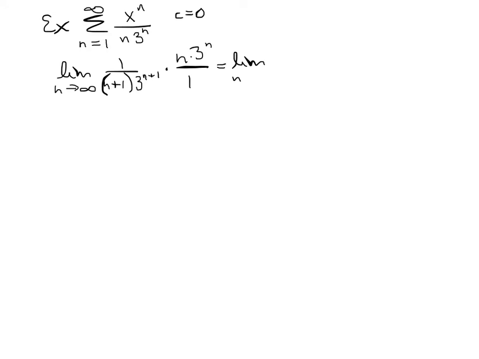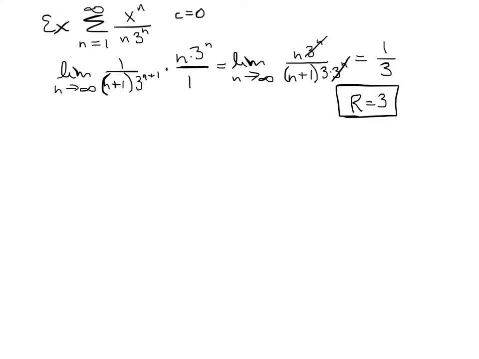So this would be a limit as n goes to infinity of n 3 to the n in the numerator, and then the denominator, I've got n plus 1 times 3 to the n. I can cancel those 3 to the n's, and now I have the same powers in those n's. And in the numerator I have 1, and the denominator I have 3. So my radius is 1 over that. The radius is 3.